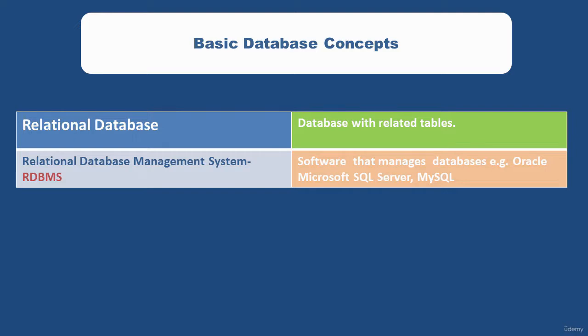It is the software that manages the databases. Examples of Relational Database Management Systems are Oracle, Microsoft SQL Server, and MySQL. There are a lot more, but I've restricted my examples to these three.